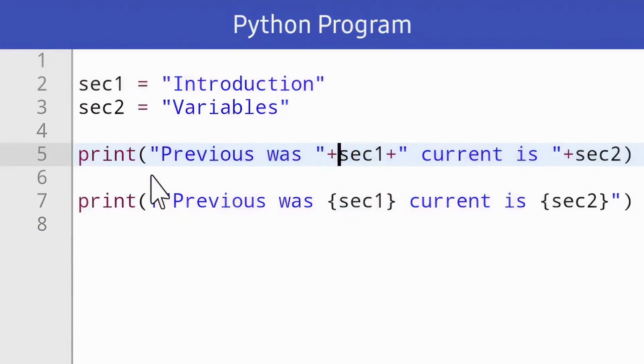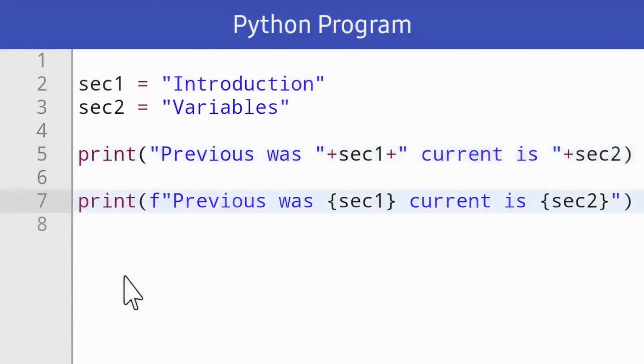Because if we put these variables in quotes, it's no longer going to be interpreted as a variable. It's going to be interpreted as some text. So here, we're just saying previous was, and then the variable sec1, which in this case is introduction. And then current is, and then we add the variable sec2, which in that case is variables.